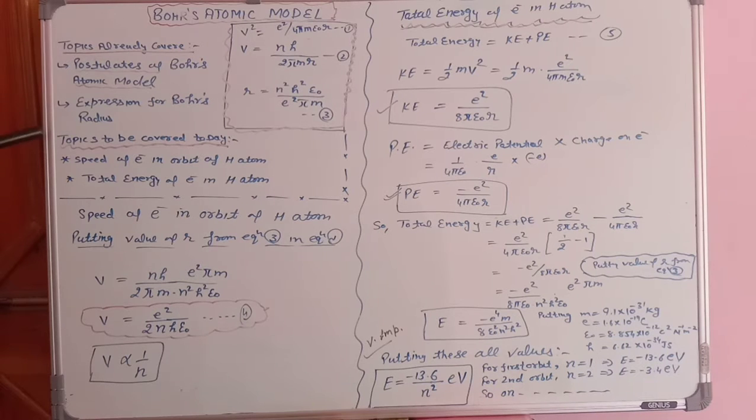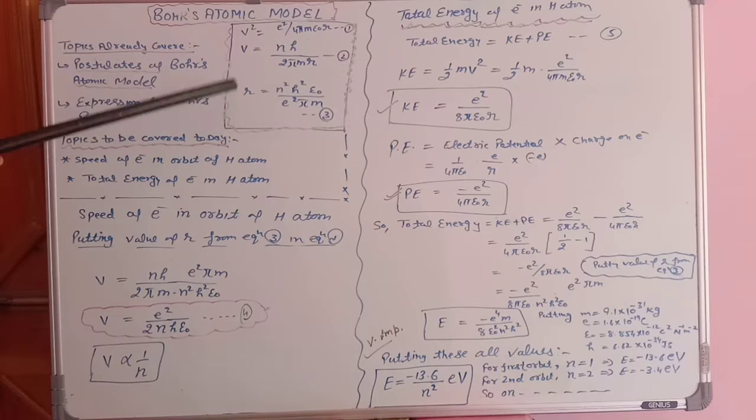When we were discussing these, we gave these three equations in our numerical portion. V square is equal to e square upon 4 pi m epsilon naught r, which we have given as equation number 1, the value of v which we calculated by the alternate method, and the value of r, which we call Bohr radius.